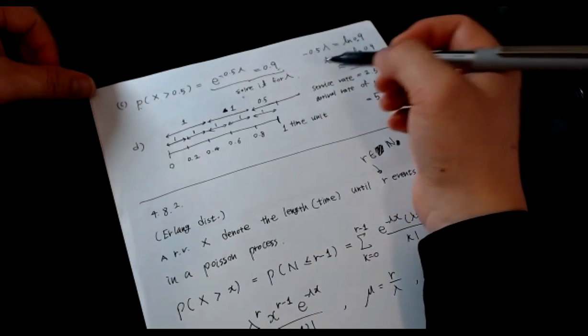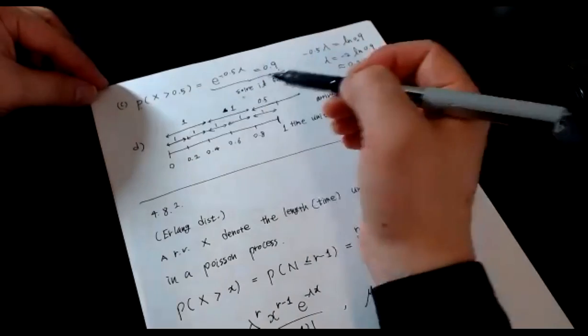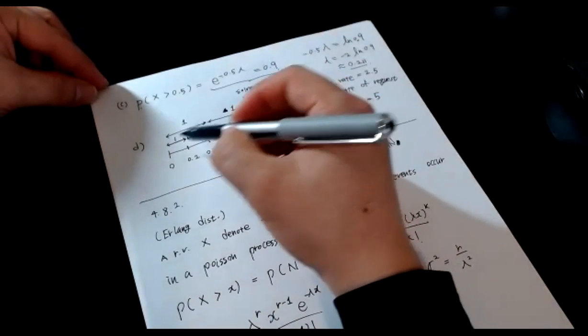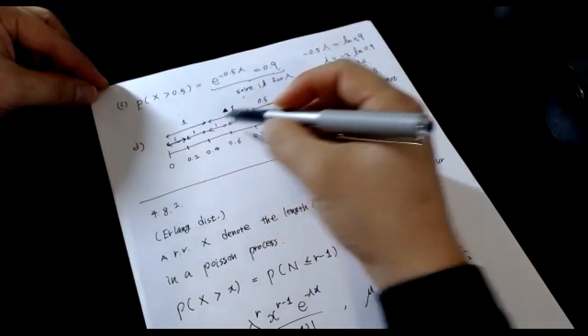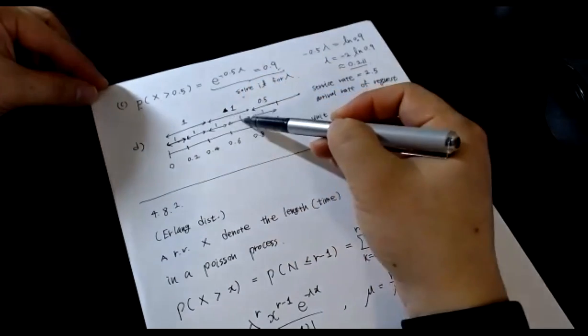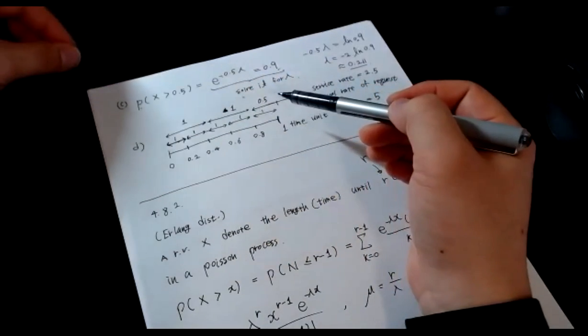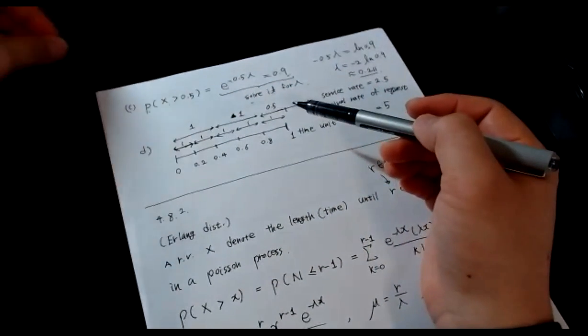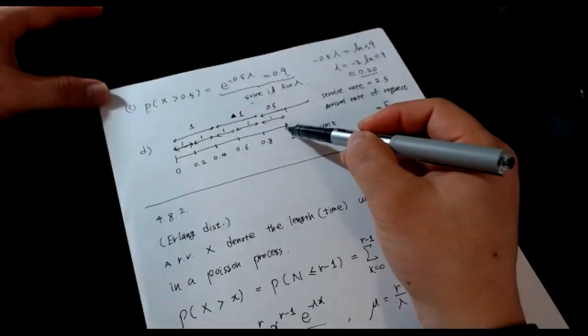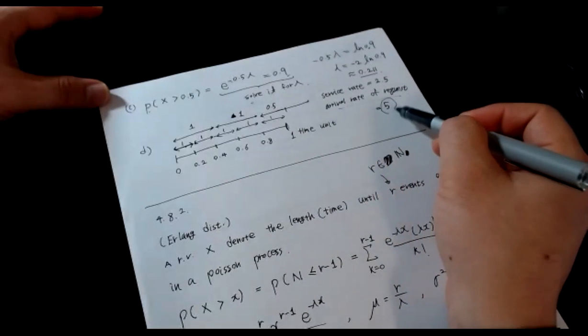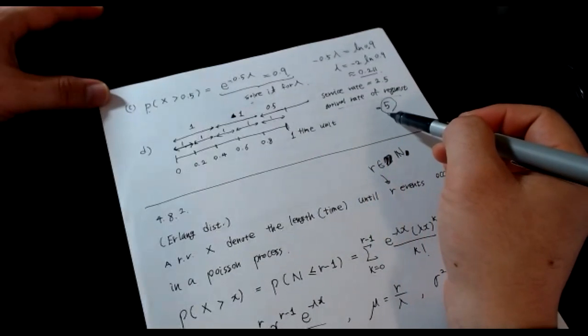What does that 5 mean? It means that every 0.2 time unit a request arrives, on average. So the arrival rate of request is 5. This is given. This is lambda.